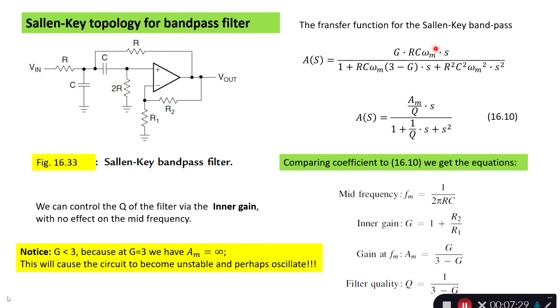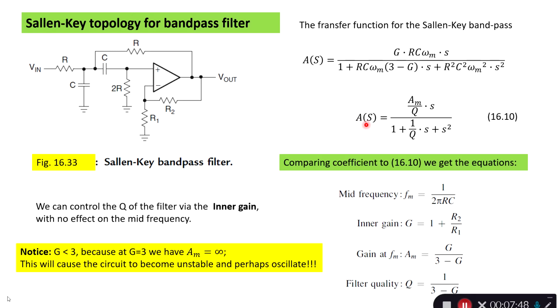Then we have omega m, that is the mid frequency, 2 times pi times f. And we have a second-order term here with a factor, and s here with a factor.